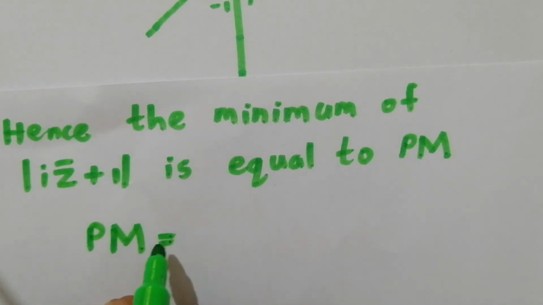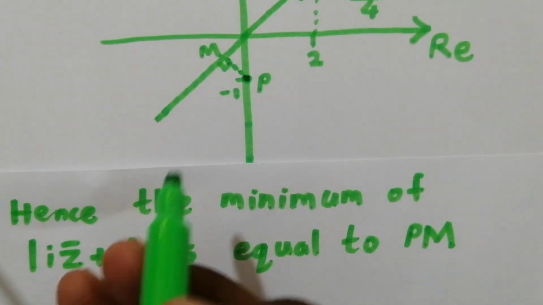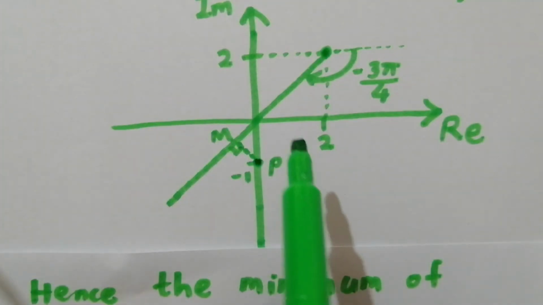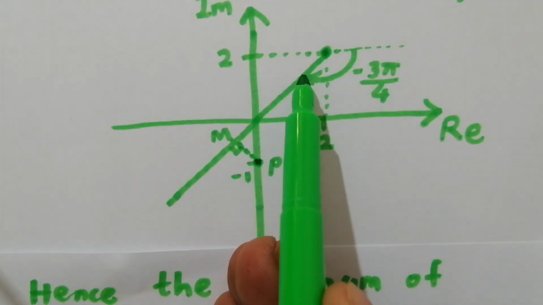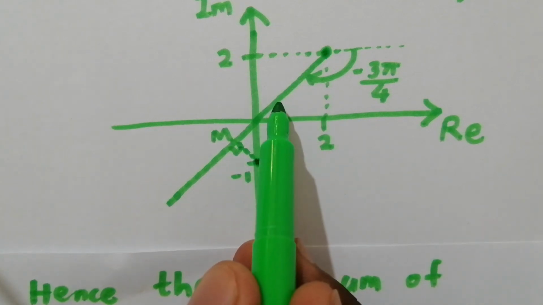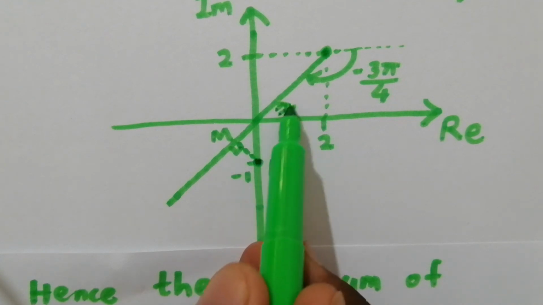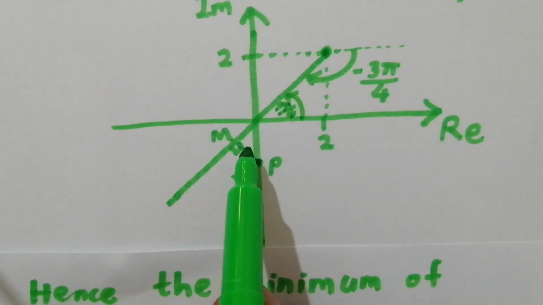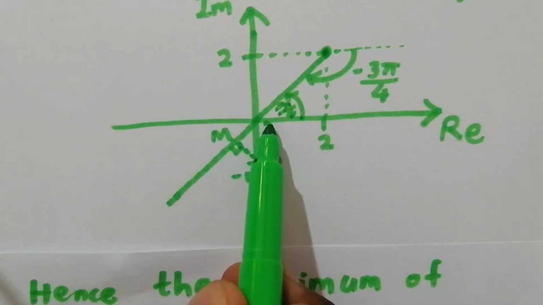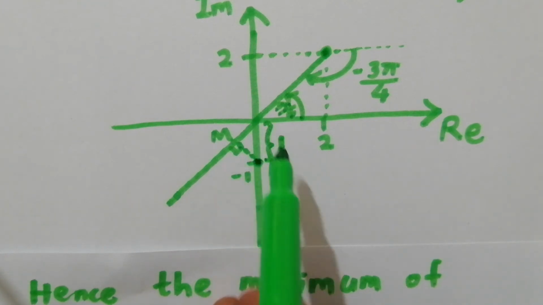PM equals, then you know the angles. This angle is 135 degrees. Then this will be pi upon 4, 45 degrees. And this also equals pi upon 4. You know this value is 1.